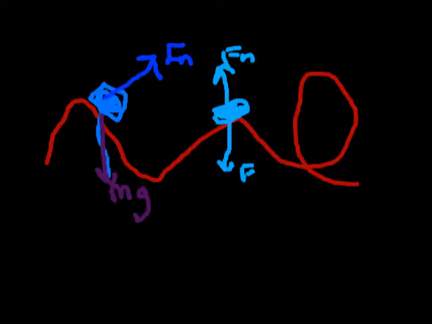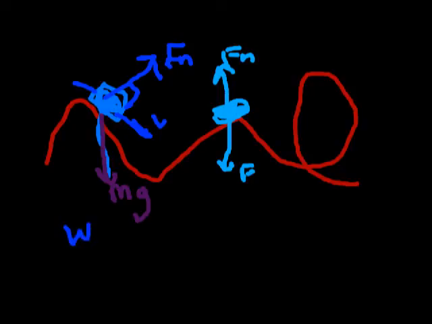Since at every single position of this block the velocity is always perpendicular to the normal force, the work done by the normal force on this object is 0.